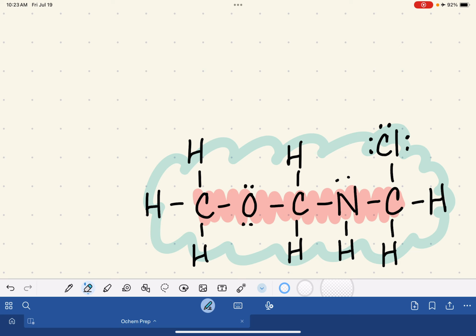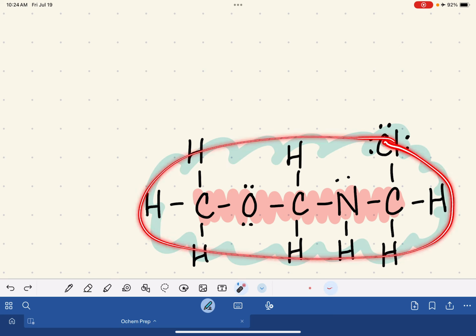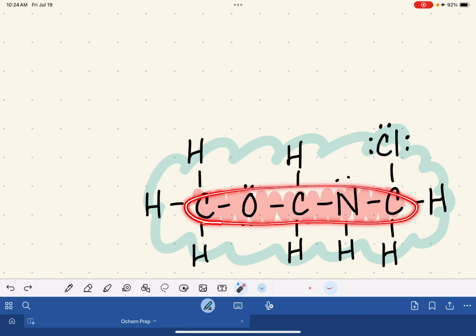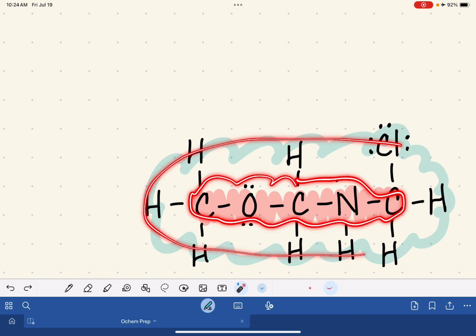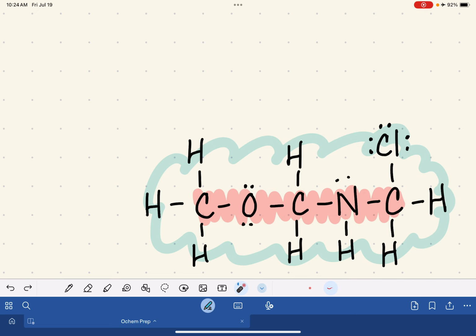So our hydrogens and halogens are always going to be on the outer perimeter of our molecules, and the inside of the molecule will always contain our carbons, oxygens, and nitrogens. When I'm drawing a Lewis structure, I like to start by drawing the inside portion of the molecule first: my carbons, my oxygens, and my nitrogens. Once I get that done, then I come back around and add my hydrogens and halogens to the empty spots.